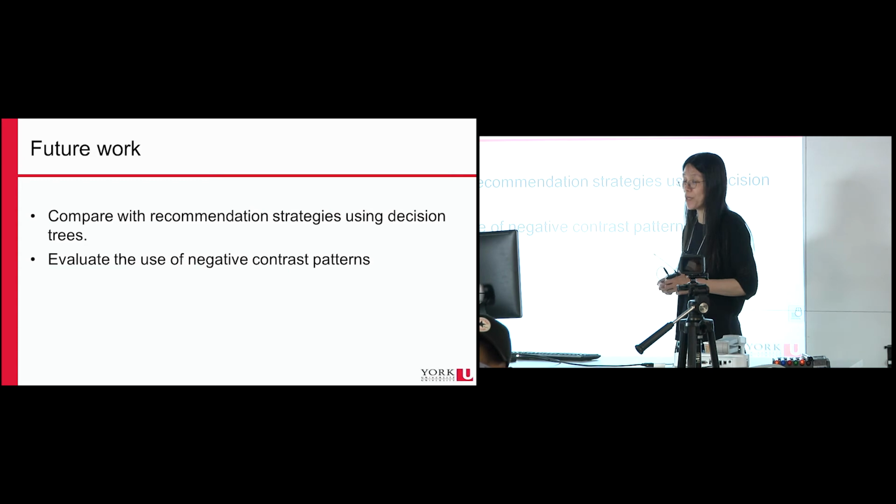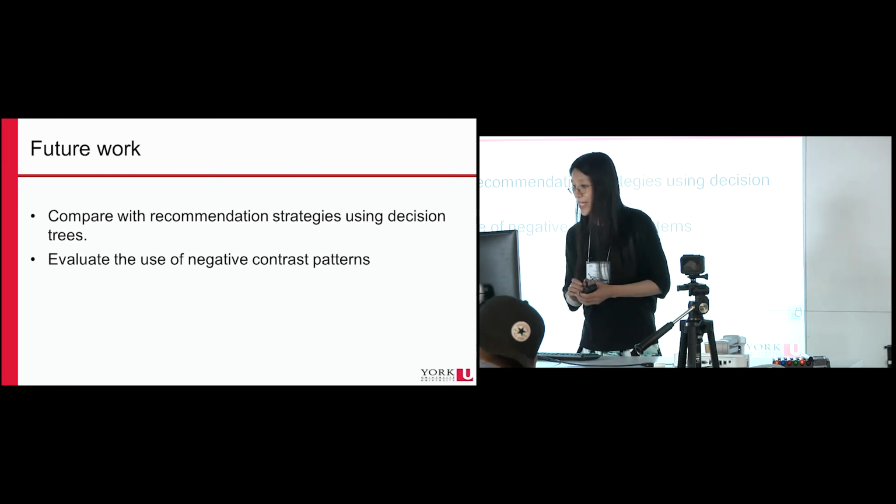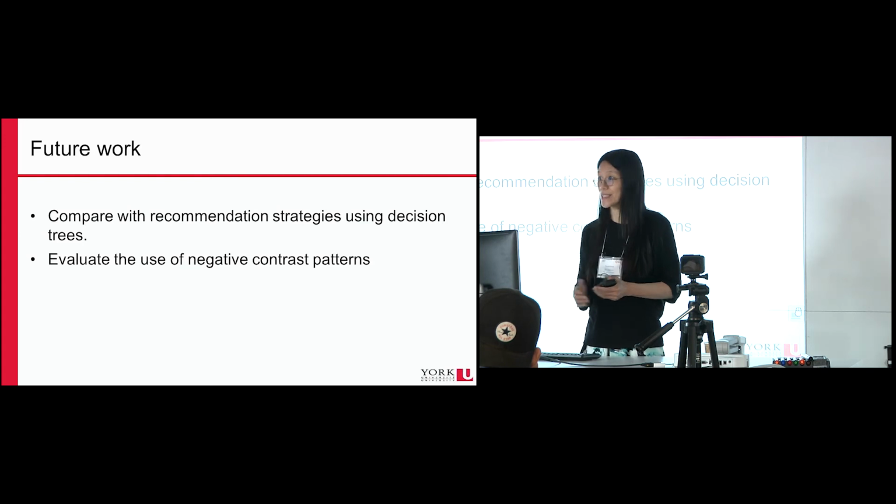Decision trees are a quite popular method used for recommendation. We are trying to compare that with the existing method that we have developed. We also want to evaluate the use of negative contrast patterns, since the evaluation was done on positive contrast patterns.